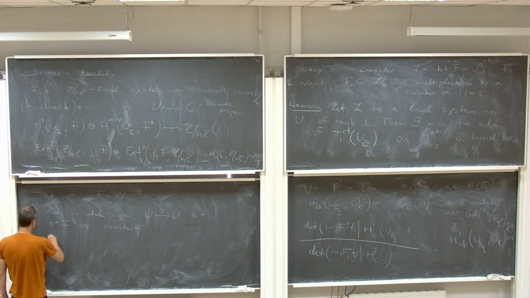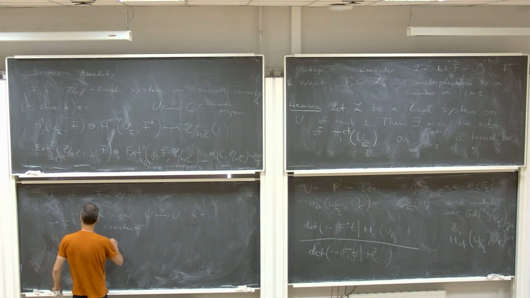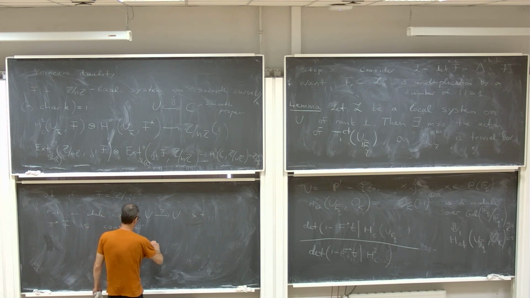So I have F, and I have π_* π^* F that maps to F. That's the trace map.